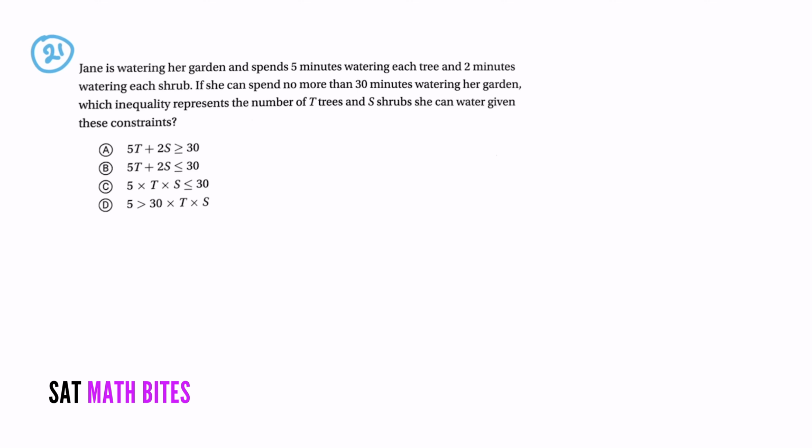Problem number 21 is pretty straightforward. She spends 5 minutes watering each tree, 2 minutes watering each shrub, and she can spend no more than 30 minutes. If you look at the answer choices, you immediately know this one is wrong because that means she's spending more than 30 minutes. And how do you figure out the time she spends?